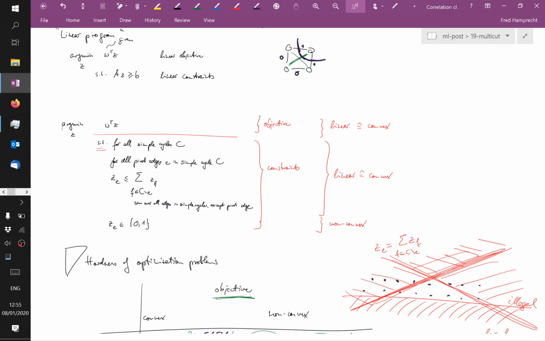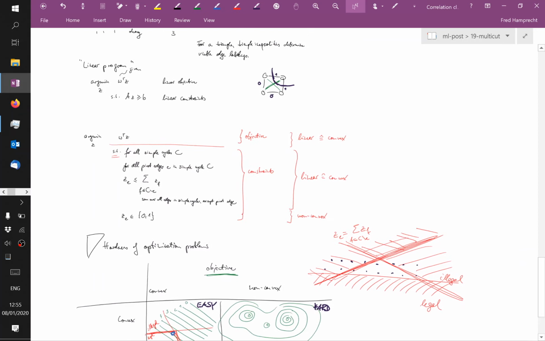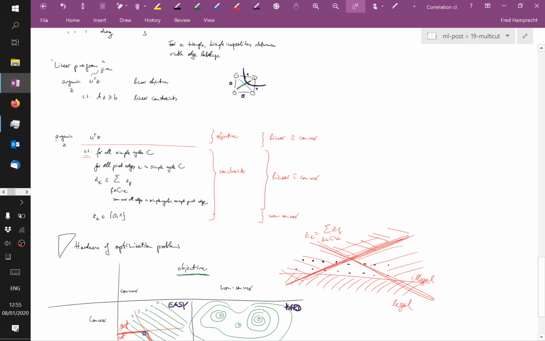So that's one way. Another way is to verify all of the cycle inequalities and check in addition if the solution is integral or not. And if the cycle inequalities are all satisfied, then you know you're good.